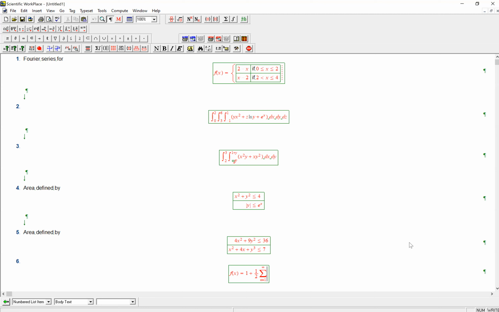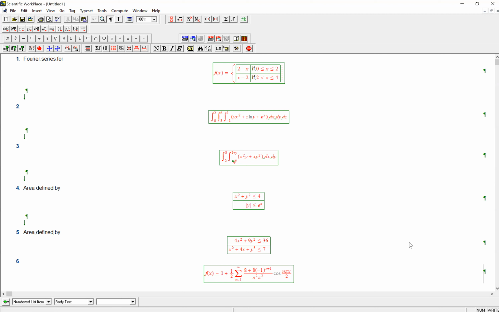And then the a of n coefficients would be 8 plus 8 times negative 1 to the n plus 1, and then over n squared pi squared. And then we would multiply that by cosine of n pi x over 2. And that would be what I would want you to write for your final Fourier series.